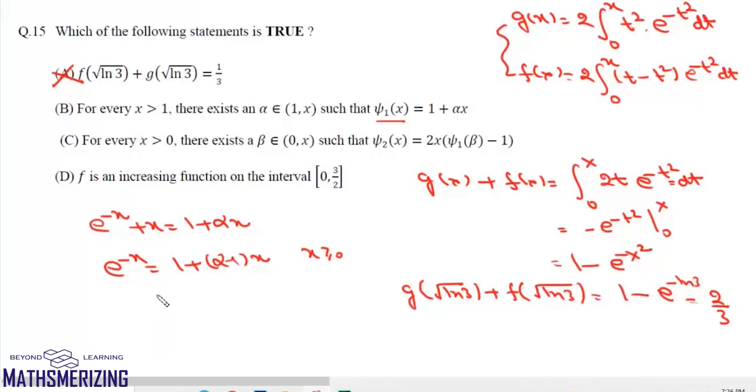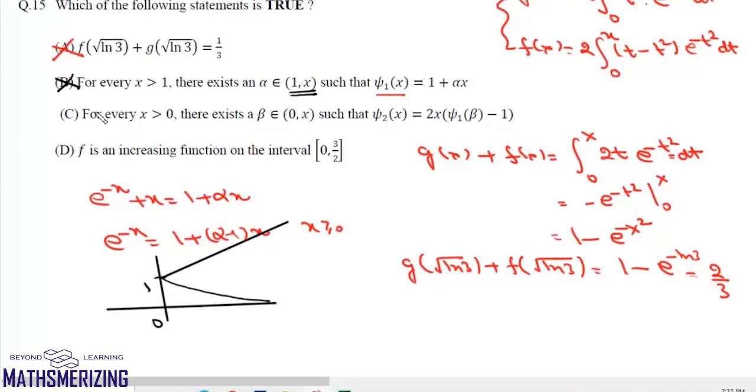Now if we draw the graph of e to the power minus x, it will be this function and here this value is 1, and since here alpha is greater than 1, it will be this straight line which is increasing. So these two functions will never intersect when the value of x is greater than 1. So this option B, it is incorrect.